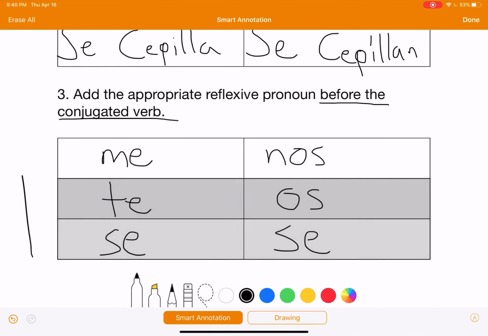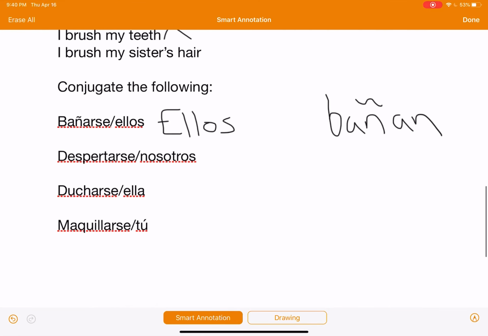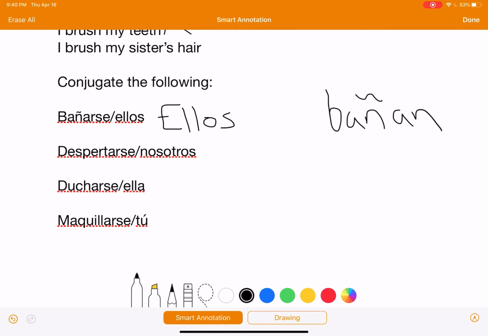So I left some space here to add in my reflexive pronoun. What's the reflexive pronoun that goes with ellos? That's going to be se. Ellos se bañan. The next one, I'm just going to use my subject pronoun here. I'm not going to rewrite it because otherwise I probably won't have space.